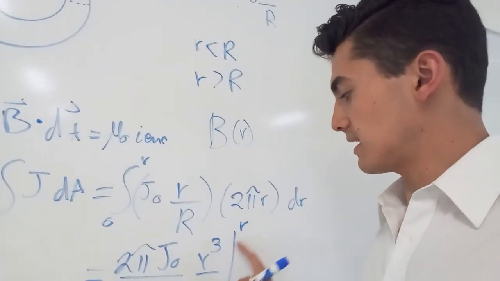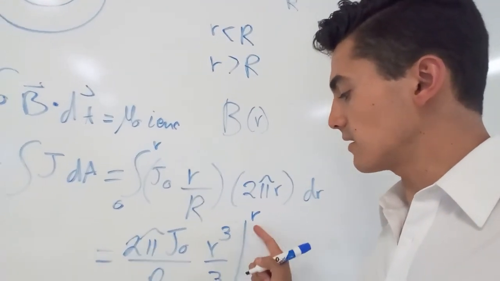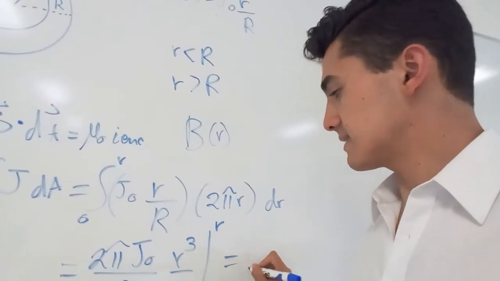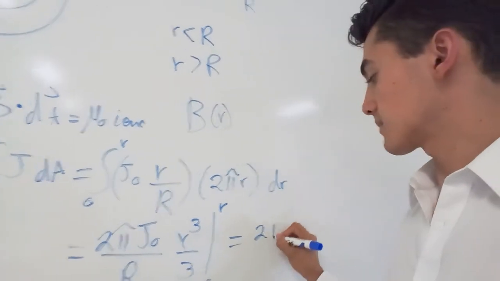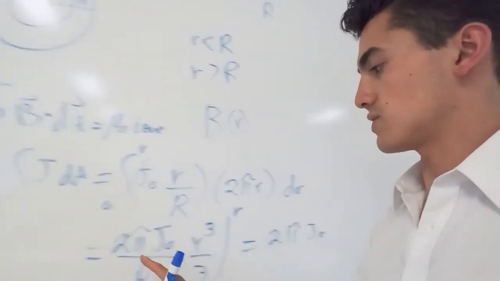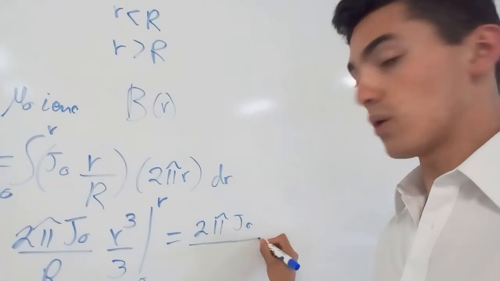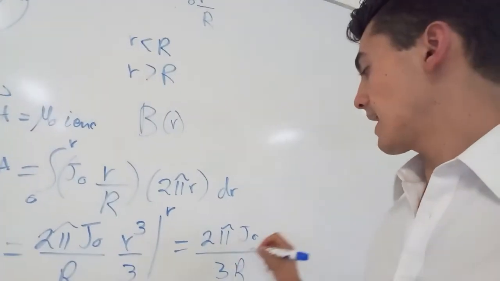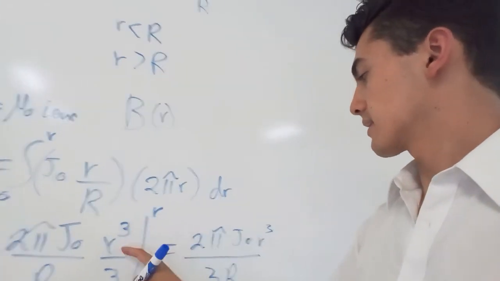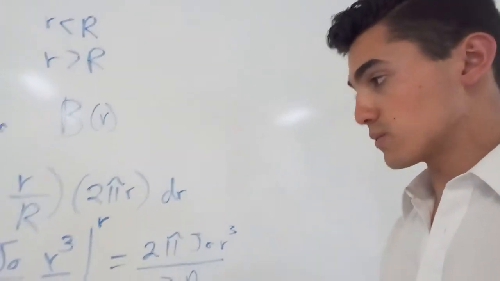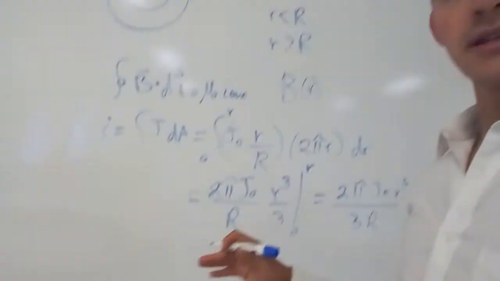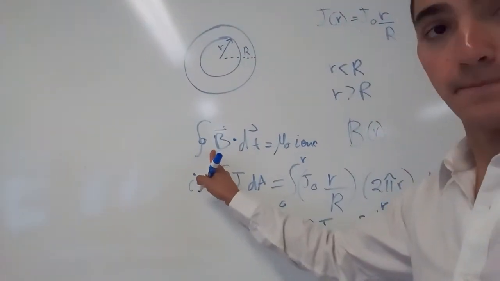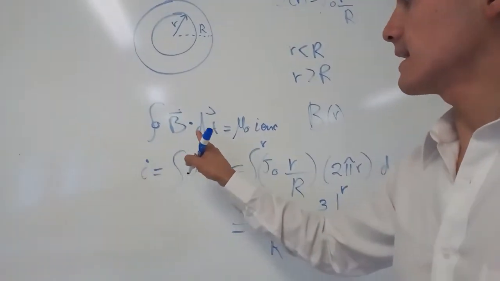As we are evaluating it in r, we are leaving this exactly the same. So this is equal to 2 times pi J naught over 3 times R, and our r cubed in here.